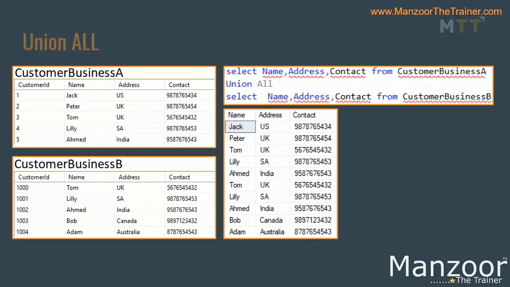Simple union all. If you say union, then it will remove the duplicate records. Tom, Lily, Ahmed, Tom, Lily, Ahmed are being repeated. You see this. So these are the duplicate records, so it will remove that.